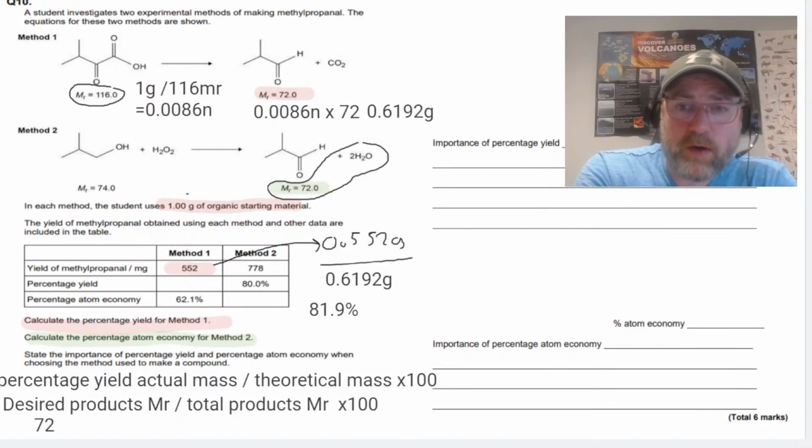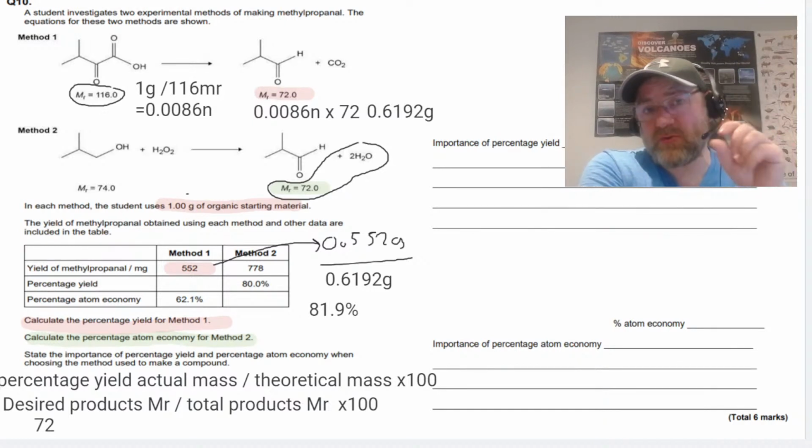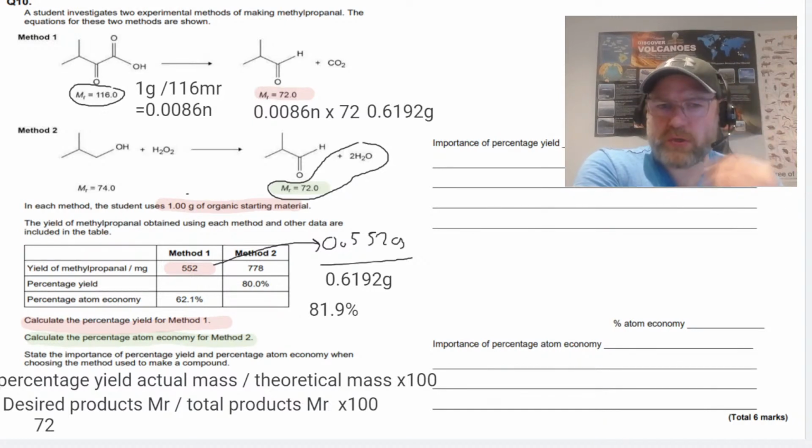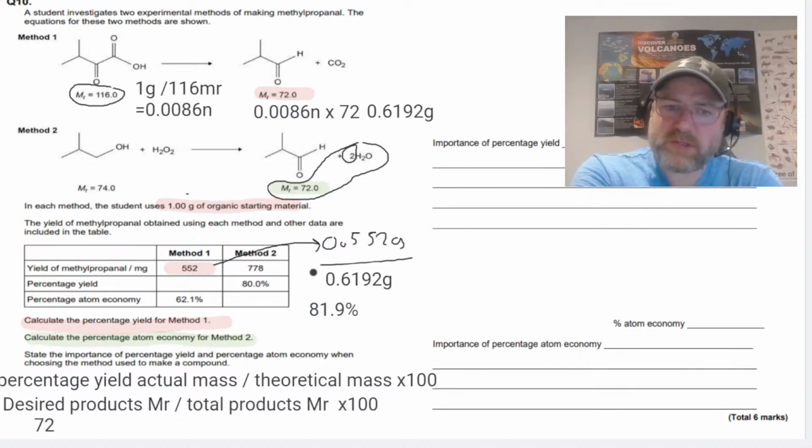And that's because the MR of water is 18. We've got 2 hydrogens, 1 each, that's 2. We've got an oxygen, that's 16, H2O. So the MR of water is 18. But look how many waters I have here. I have 2 waters. So we're going to divide that by 72 plus 2 times 18.